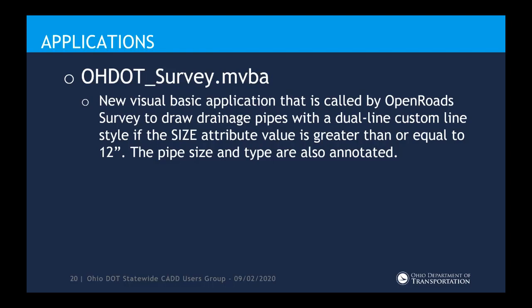OHDOT survey VBA is a new Visual Basic application that ORD survey uses to draw the drainage pipes with the dual line custom line styles if those are greater than or equal to 12 inches. It will also annotate the pipe sizes and types.